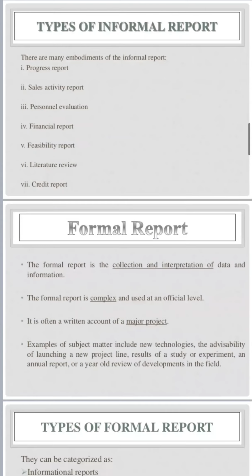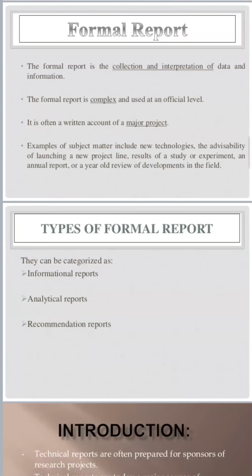And if we are heading towards the formal report, that is the total opposite, poles apart from the informal one. So a formal report basically includes what factors, what points. It's based on data and information.